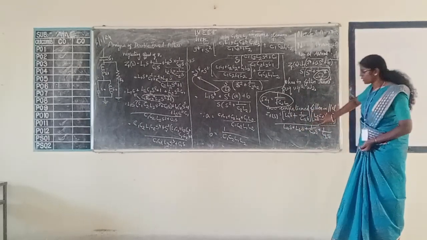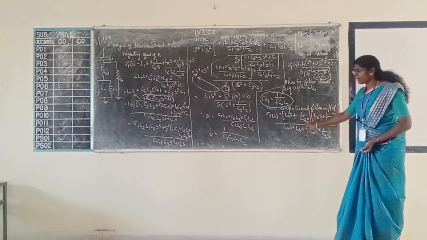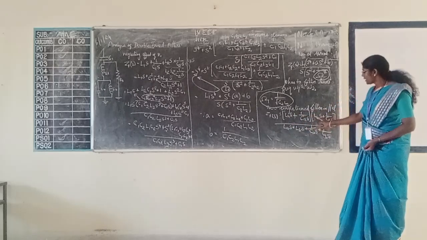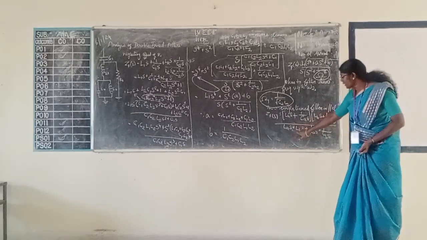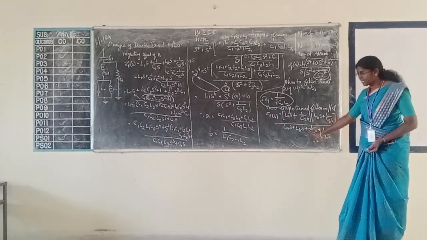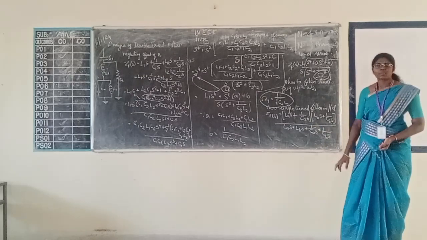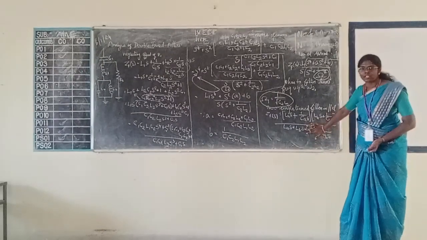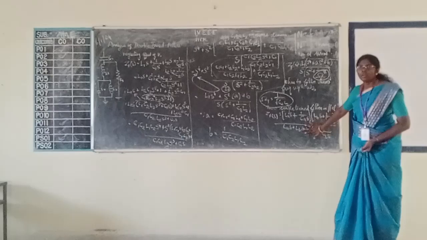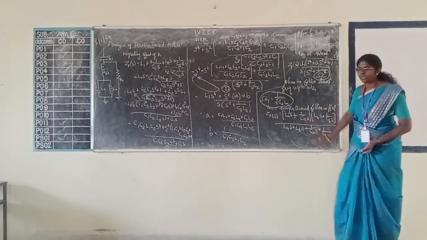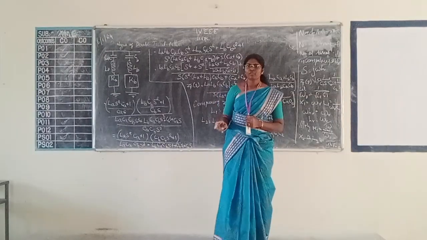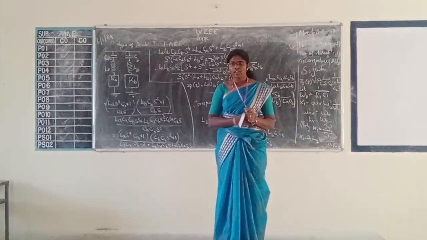Here we multiply the two, that is LA S plus 1 by CAS, and likewise LBS plus 1 by CBS, and the sum of the two expressions, LAS plus LBS plus 1 by CAS plus 1 by CBS. That is the two filters in parallel condition, so the filter impedance will be in this expression.